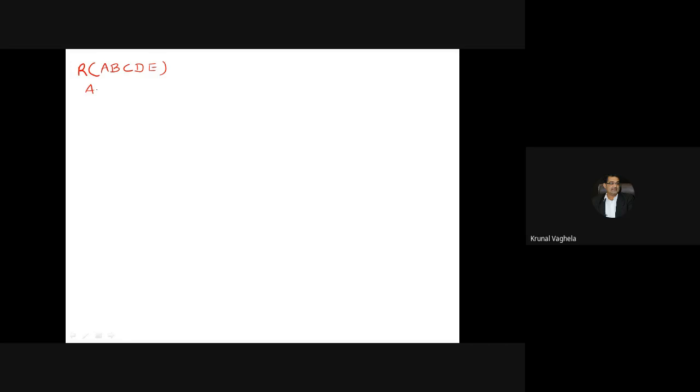Let me write A to BC, CD to E, B to D, E to A. These are the functional dependencies. You need to find closure of B.